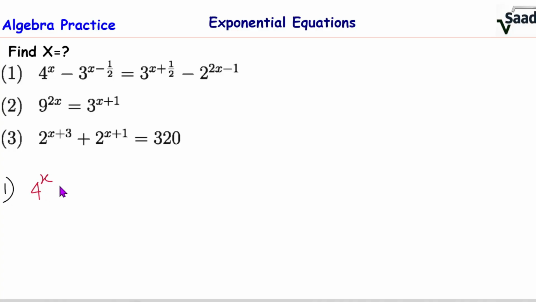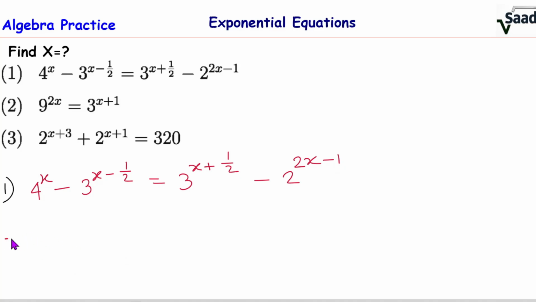4 to the power x minus 3 to the power x minus 1 by 2 equals 3 to the power x plus 1 by 2 minus 2 to the power 2x minus 1. Right?